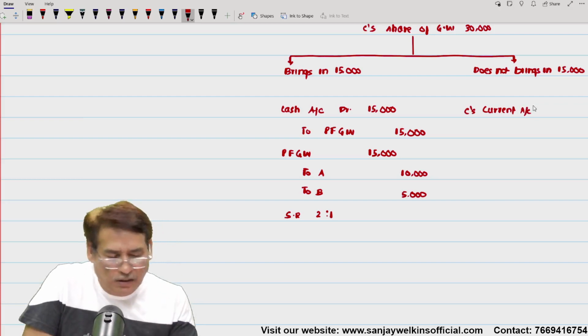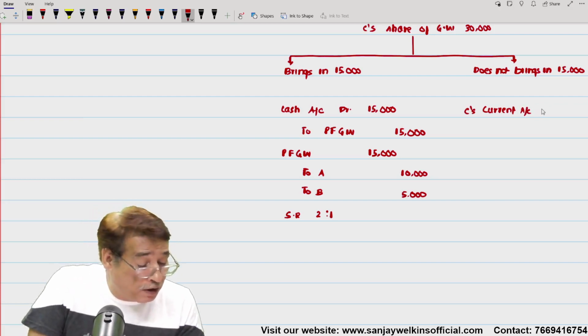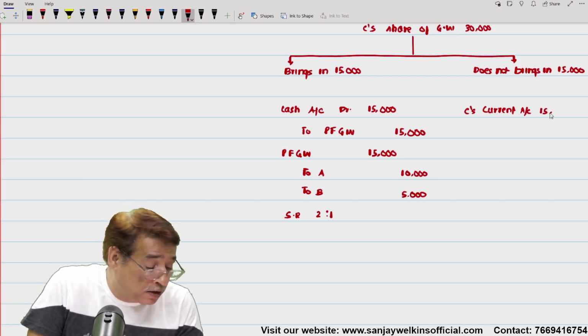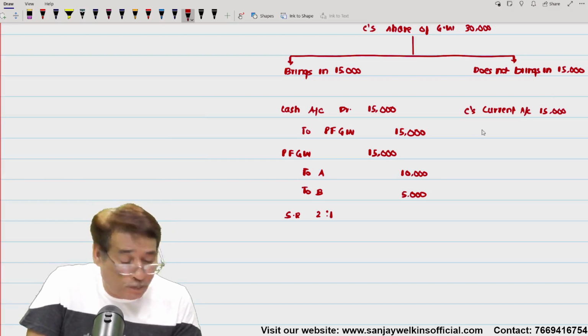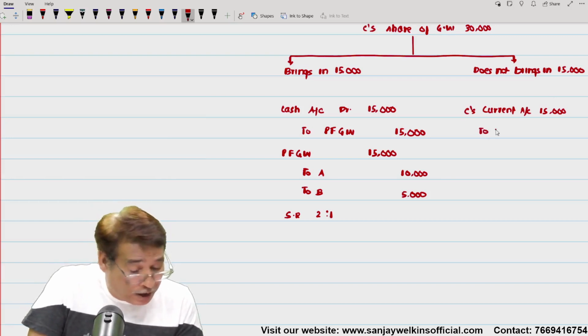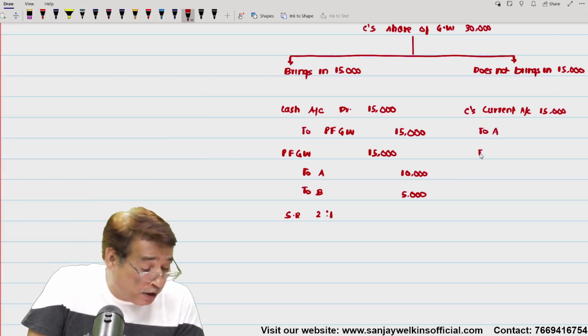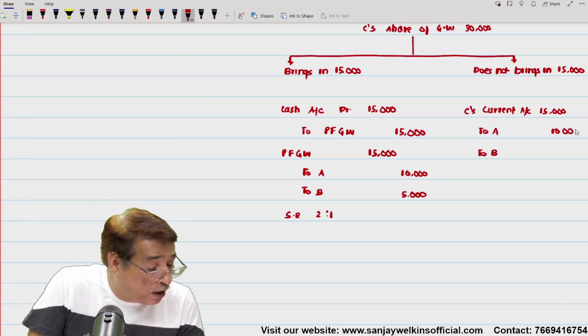Sometimes other authors debit the capital account also, but it is better to debit the current account. So we will debit his current account by 15,000. This portion he could not bring in cash, and still we are going to credit it to A's capital account and B's capital account in their sacrificing ratio, 10,000 and 5,000.